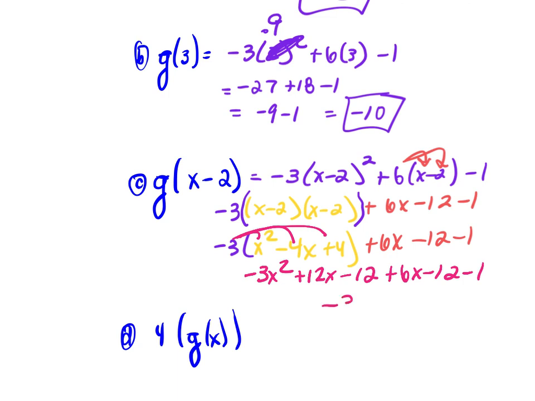No, so I just have negative 3x squared. I have a positive 12x and a positive 6x. Gives me plus 18x. Good. Negative 12, negative 12, negative 24. Minus 1 is negative 25.